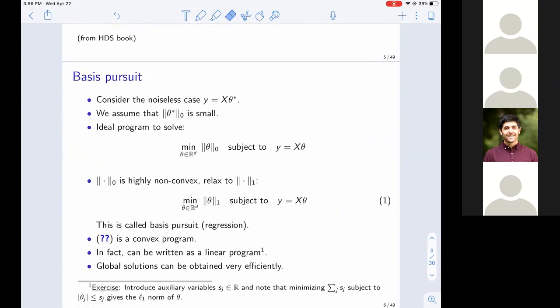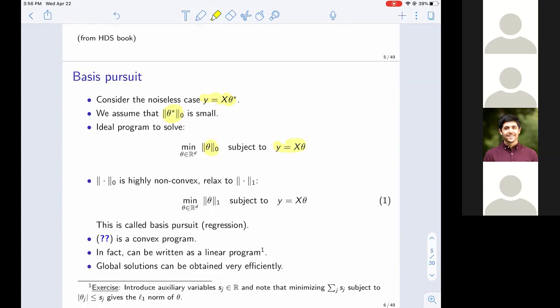In the noiseless case, you have this underdetermined system and you want to find a sparse solution, something that has small L0 norm. So we can frame the problem as a natural optimization problem: minimize the L0 norm subject to theta satisfying this system of equations.